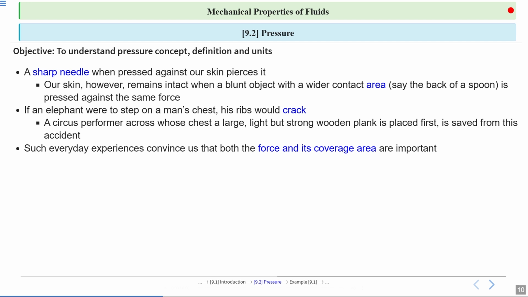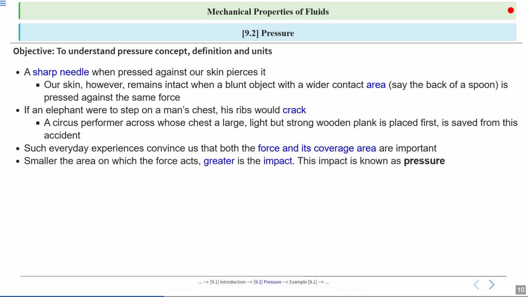These examples show us that both the force applied and the area over which it is distributed are crucial in understanding pressure. It's not just about how much force is applied, but also where and how it's applied. The smaller the area on which a force acts, the greater the impact or pressure.